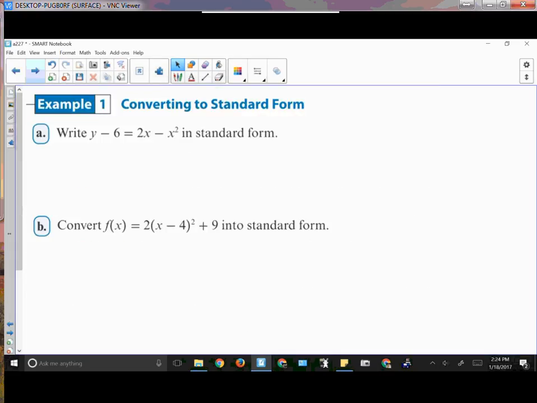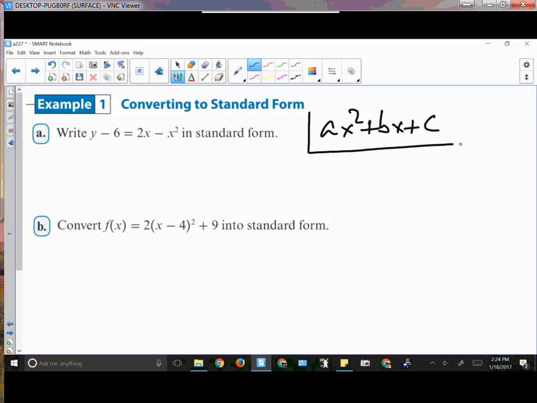You need to be able to convert things over into standard form. Now remember, again, your standard form is going to be the ax squared plus bx plus c. That's what we want to see. Now sometimes it'll be equal to 0, sometimes you'll have y on the other side, but this is what we want to aim for.